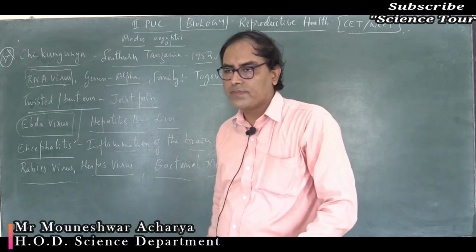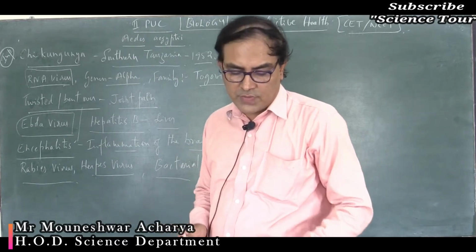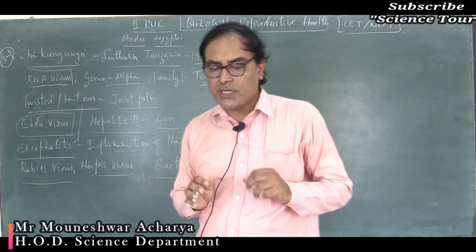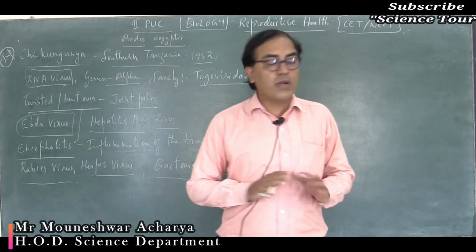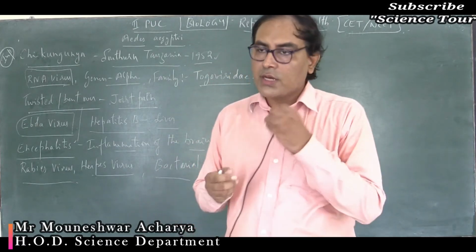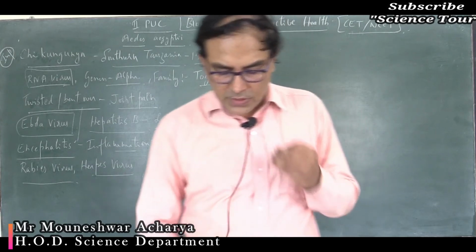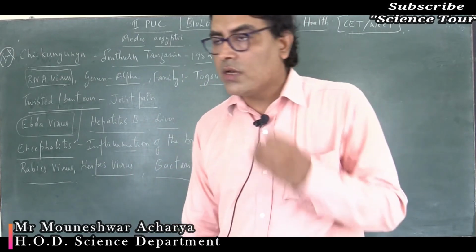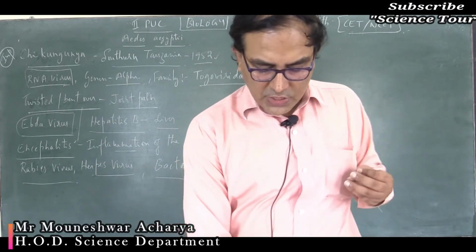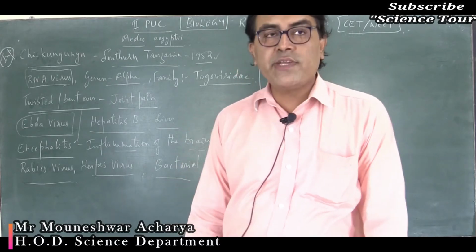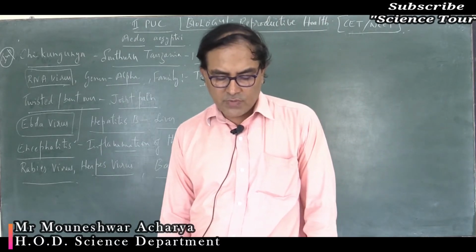That is why conception is not likely to happen during the time of breastfeeding. So the correct option is option 4. Next, question number 28. Amniocentesis is one of the methods.